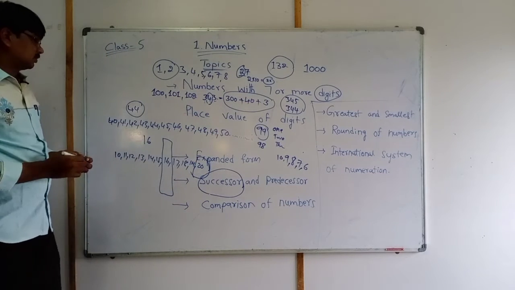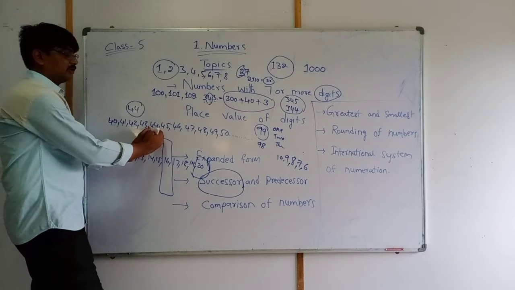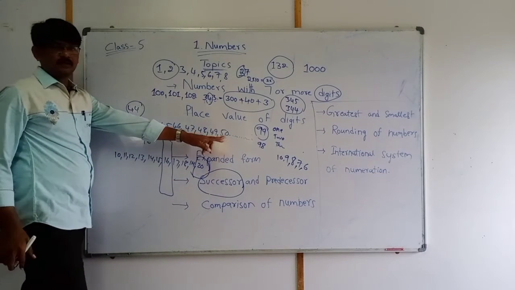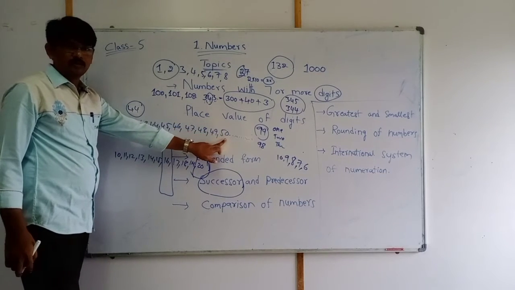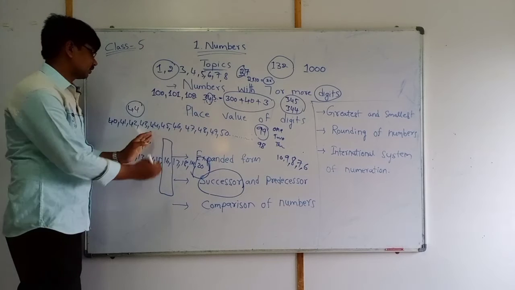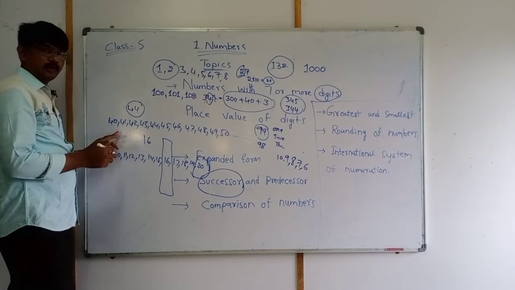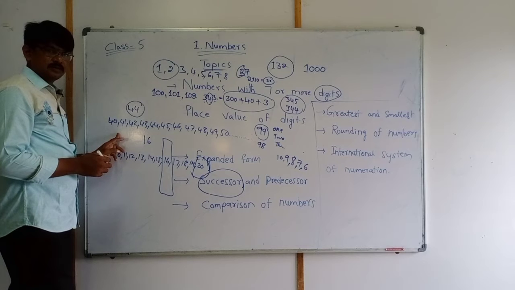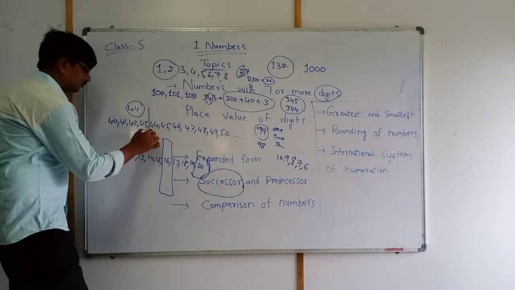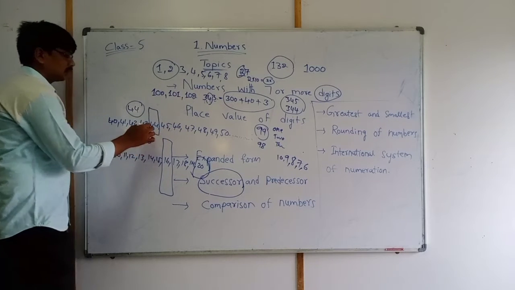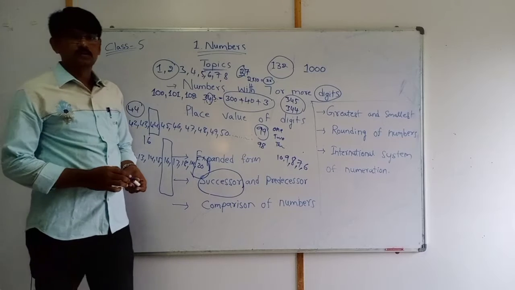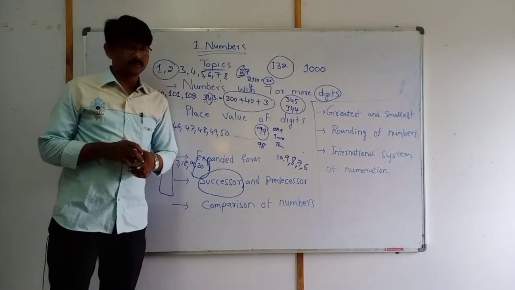Yes, to the right of 44, 50 is available as a 10's place. Before 44, 40 is available as a 10's place. 44 is here. Round off to its nearest 10.